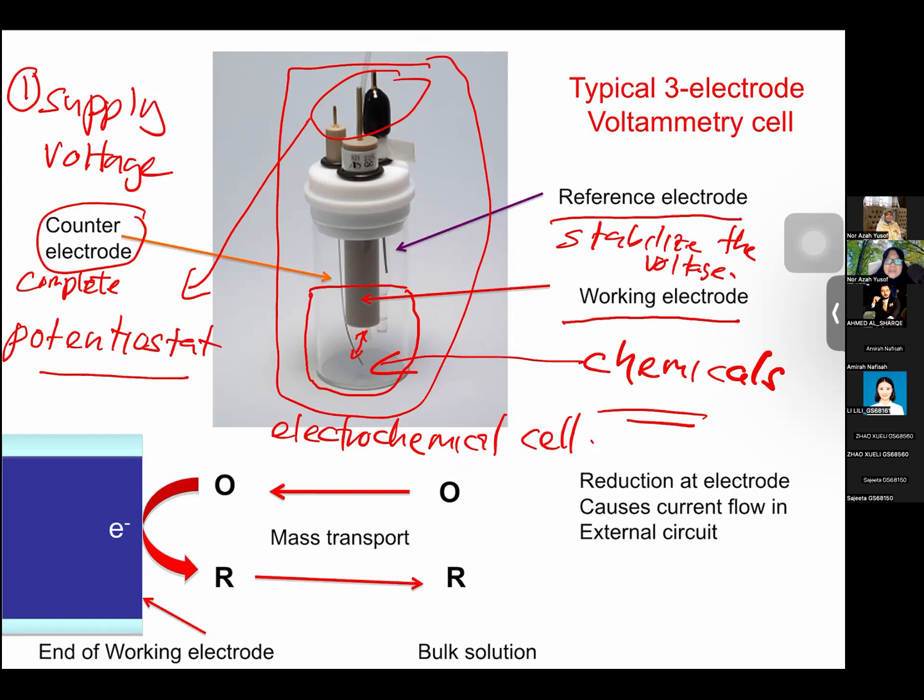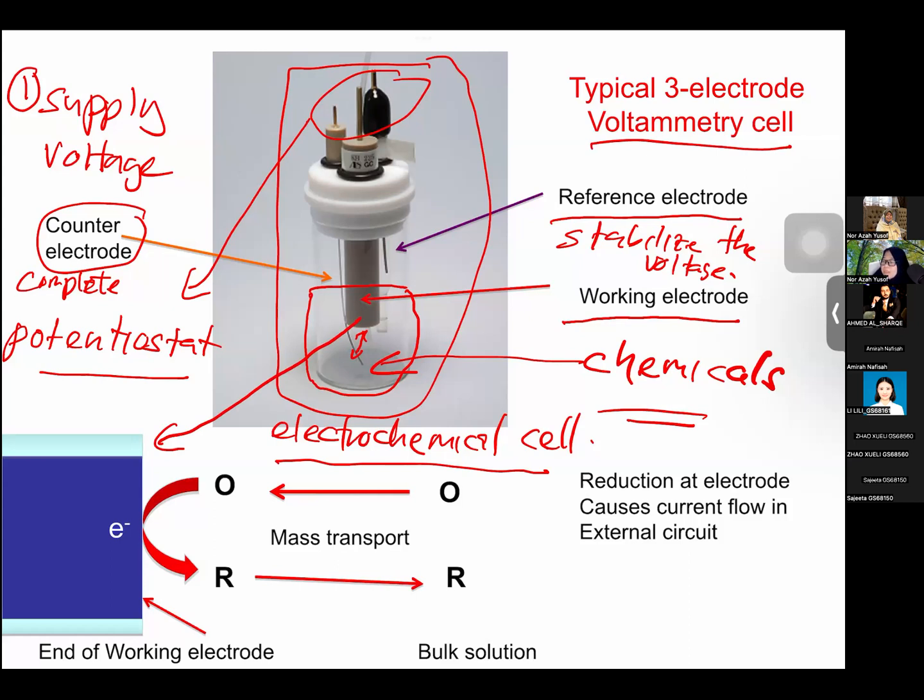So if you can Google, this is something that you will find some definition of what is reference electrode, working electrode, and counter electrode for voltammetry cell. So in general, electrochemical cell is the same thing. Okay, so now this is the working electrode enlarged.